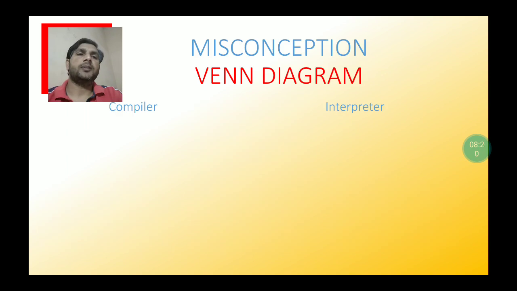In the next diagram, this is your Venn diagram or misconception. So I think if you don't know what is the difference between compiler and interpreter, so you can look into this picture or in this diagram. This is your Venn diagram.